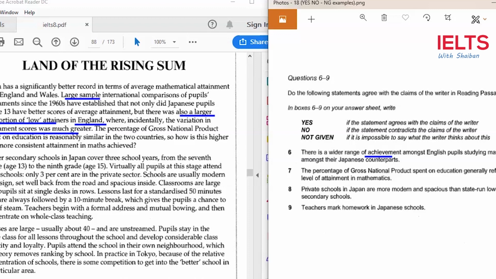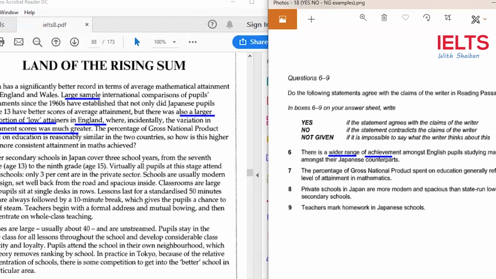So there is a wider range of achievement amongst English pupils, and he says here in England, where incidentally the variation in attainment scores was much greater. So much greater here, and he's saying here wider range of achievement and much greater than the Japanese students.